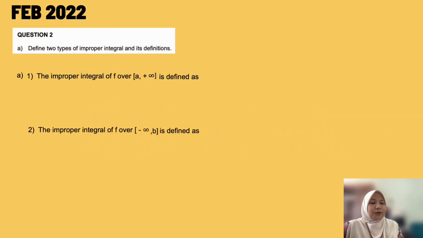For the first one, we will discuss a paper from February 2022, question 2A: define two types of improper integral and their definitions. To answer this question, we need to write the definitions of improper integral.